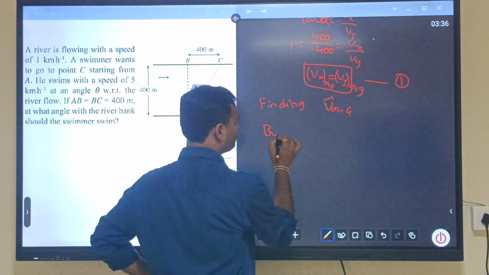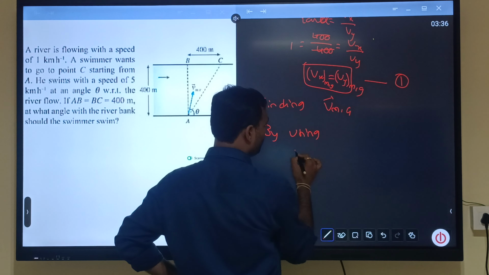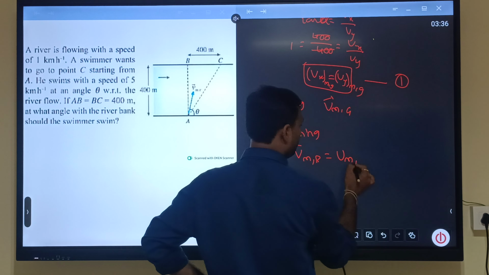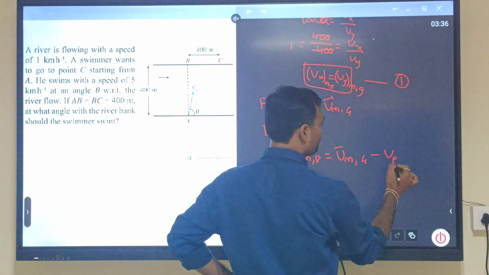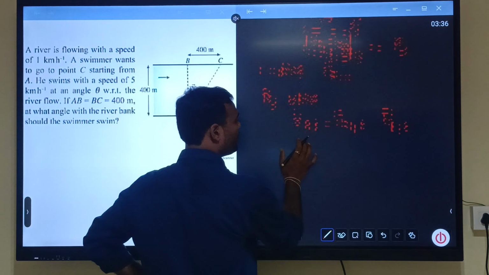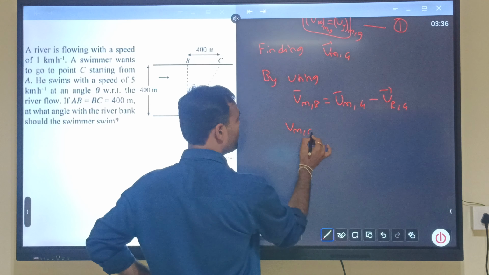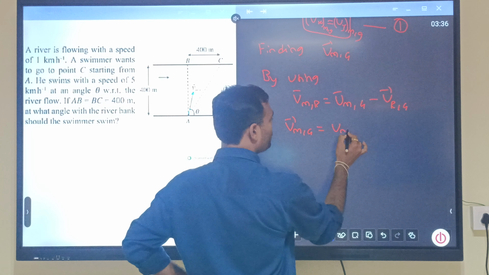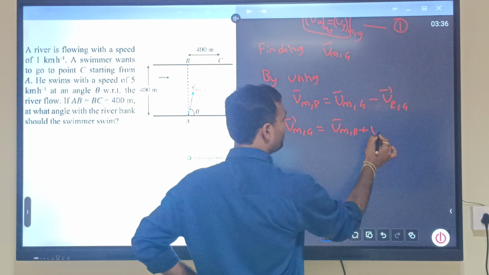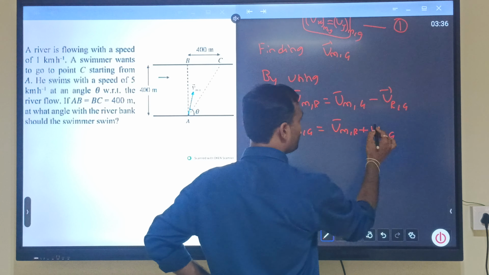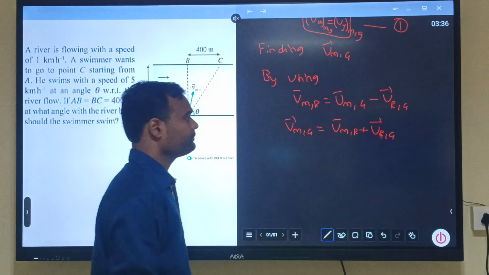Now by using, velocity of man with respect to river is equal to velocity of man with respect to ground minus velocity of river with respect to ground. So velocity of man with respect to ground is equal to velocity of man with respect to river plus velocity of river with respect to ground. Clear?